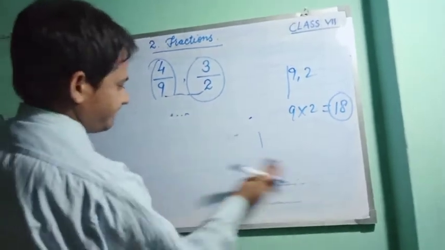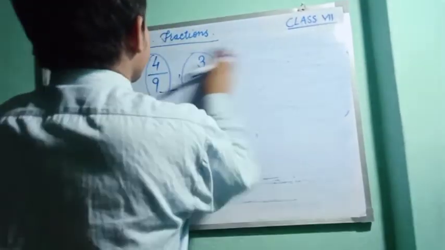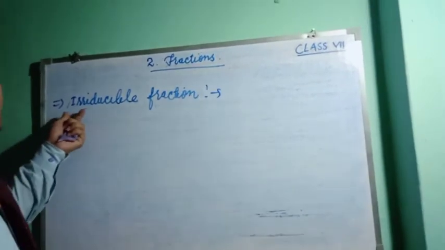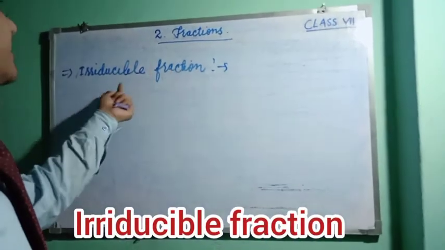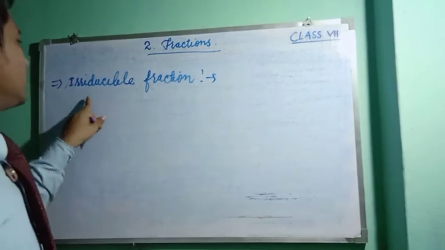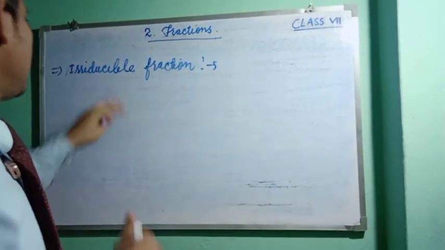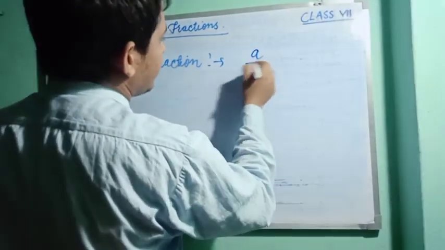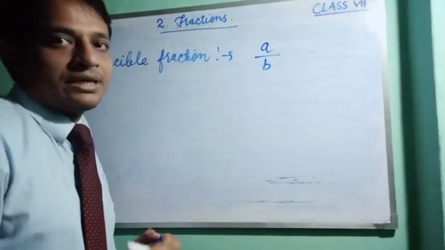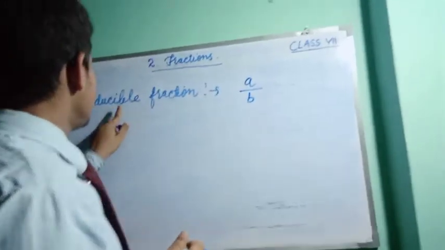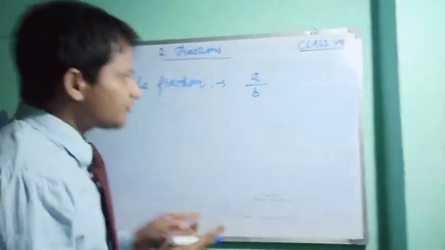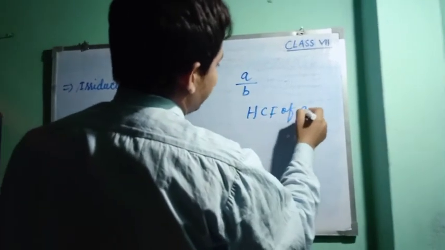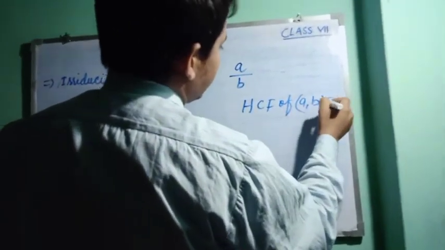Now friends, the next point: irreducible fraction. This is another type of fraction. What do we mean by an irreducible fraction? A fraction a by b is called an irreducible fraction if the HCF of a and b is equal to 1.